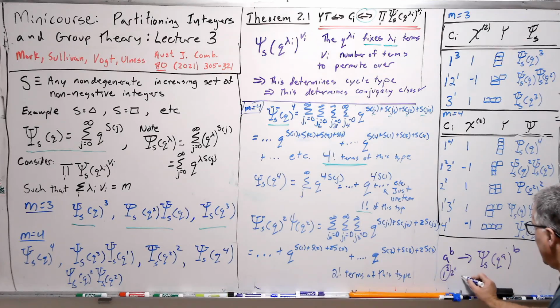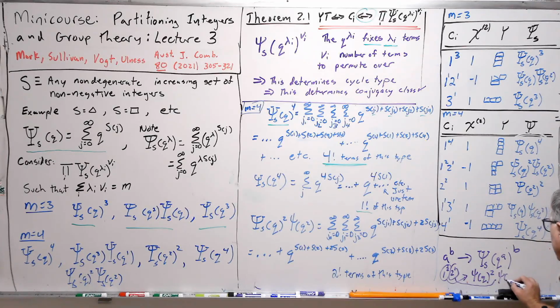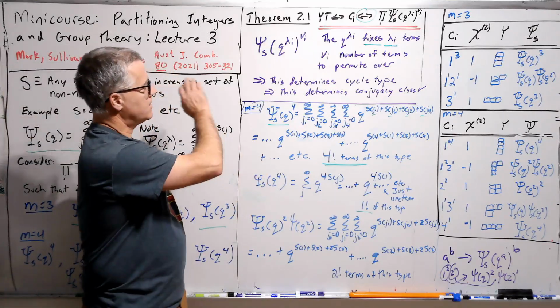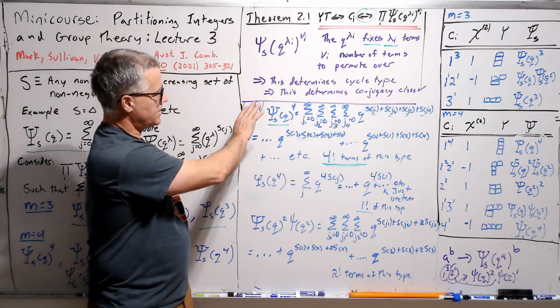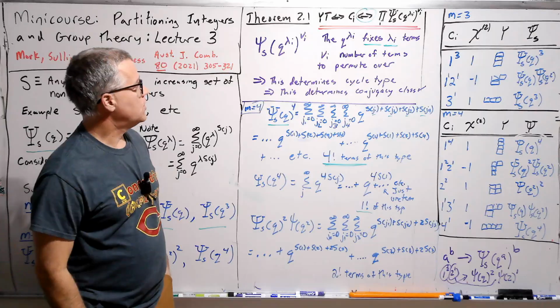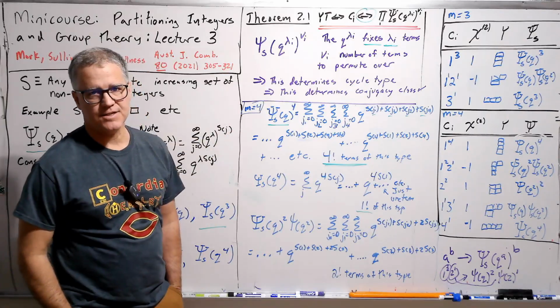So we take this one, this will become psi of q squared, and then this one will be another factor. That'll be psi of 2 to the 1. And that's what we see right here. So there's a recipe now for connecting the product state of these generating functions with the conjugacy classes.